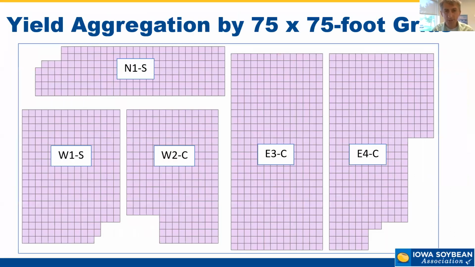Of course, looking at imagery is one piece. That's what farmers like to do, but we wanted to develop a system so we can test digital performance of each grid cell size and yield. So we established this grid system. It's a 75 by 75 foot grid system for all of these fields, where we can aggregate yield at the end of the season.